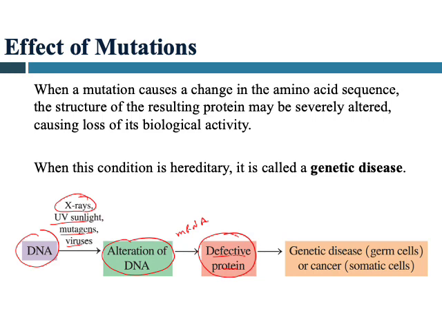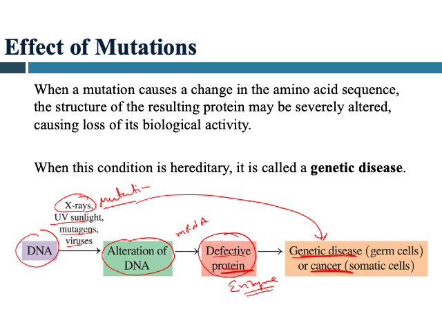If you are producing a defective protein because of the mutation, that protein is not able to carry out the function of the required protein, and because of this you might have some genetic disease or cancer, because you don't have the right protein or right enzymes. Proteins act as enzymes to carry out important reactions that help remove disease. So if you have mutation, you can have genetic disease or cancer, right?